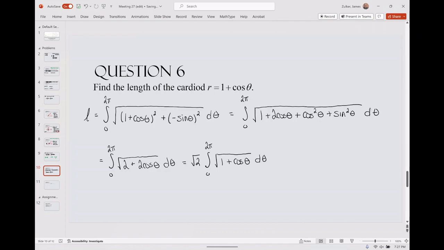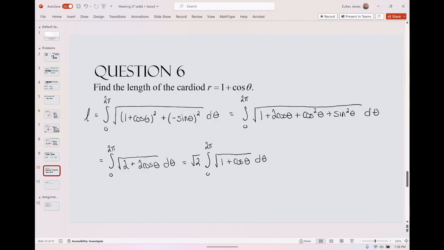Or you can simplify it: the square root of 1 plus cosine, in fact, root 2 times that.